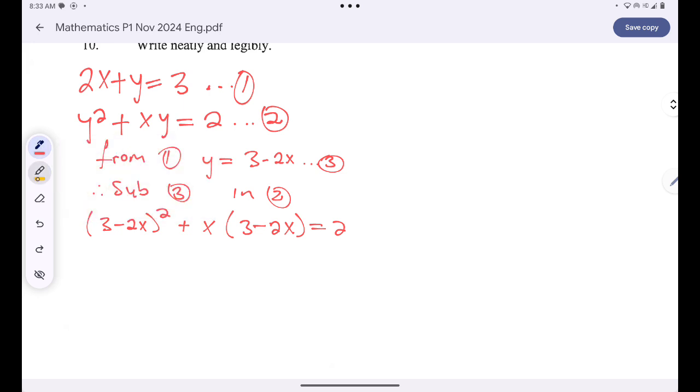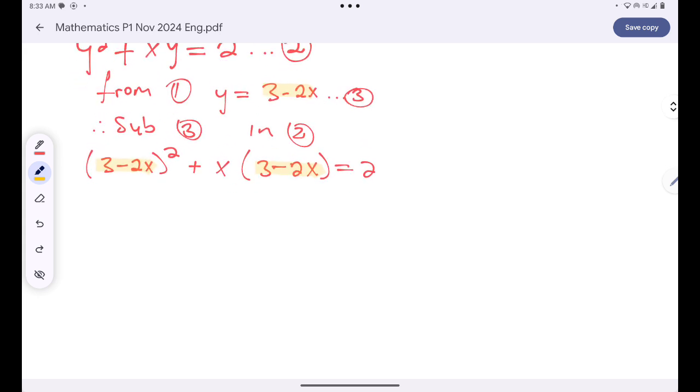Remember that, guys, whenever I come across y, I just need to substitute this thing. So on equation 2, I had y squared, and hence this is my y squared, plus xy, there's an x, and there is my y. Remember that 3 minus 2x is equal to y. So whenever I come across y, I just need to substitute 3 minus 2x.